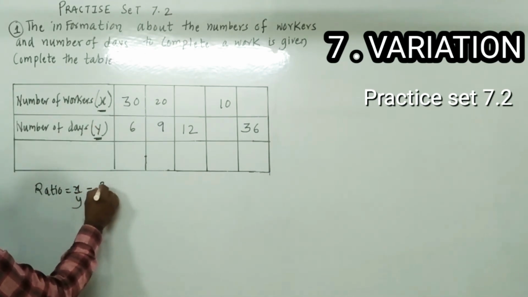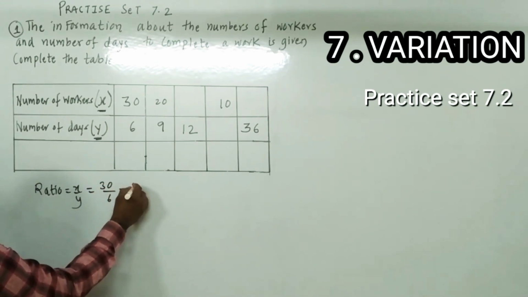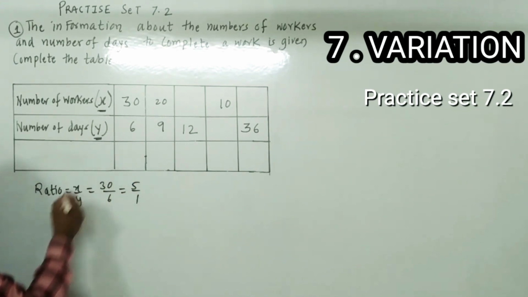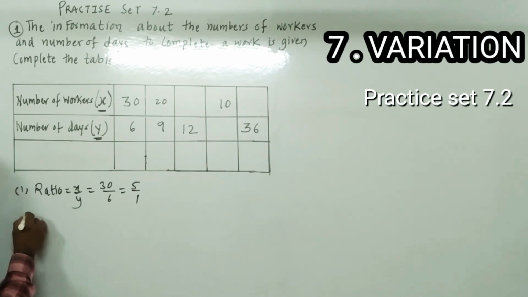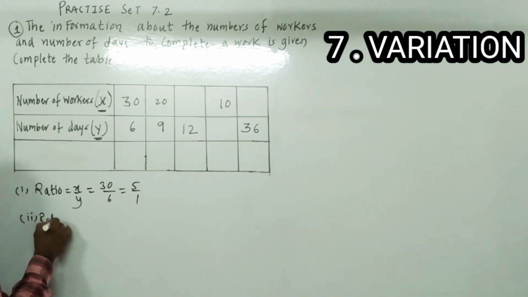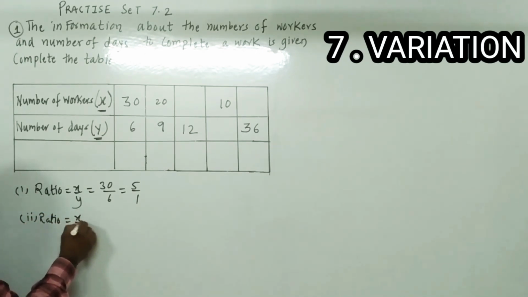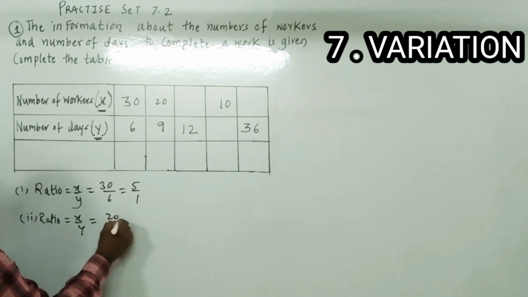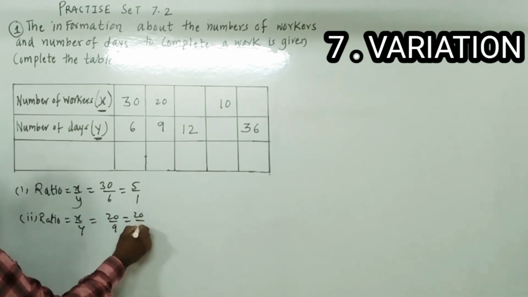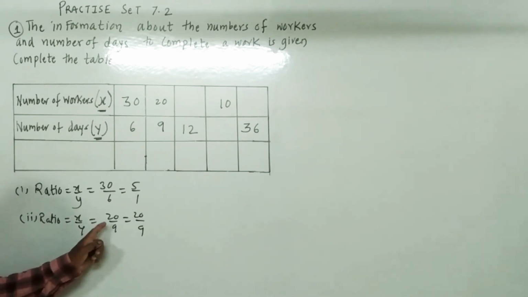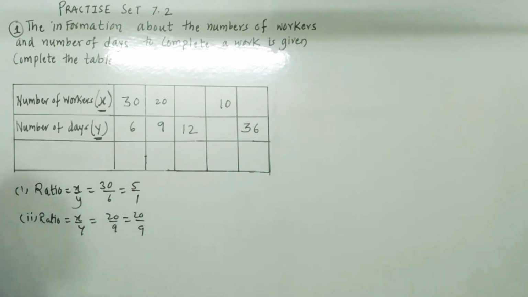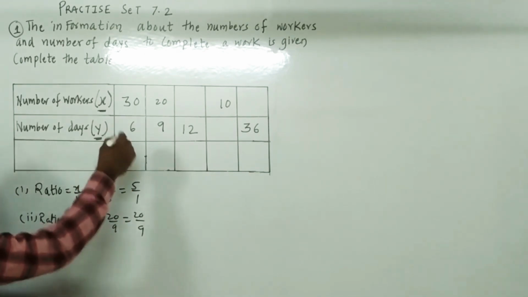Therefore x upon y is 30 upon 6, which is equal to 5 upon 1. And the ratio of the second column, x upon y, is 20 upon 9. Here it is not reduced, it is 20 upon 9 only. So the ratio is not constant.